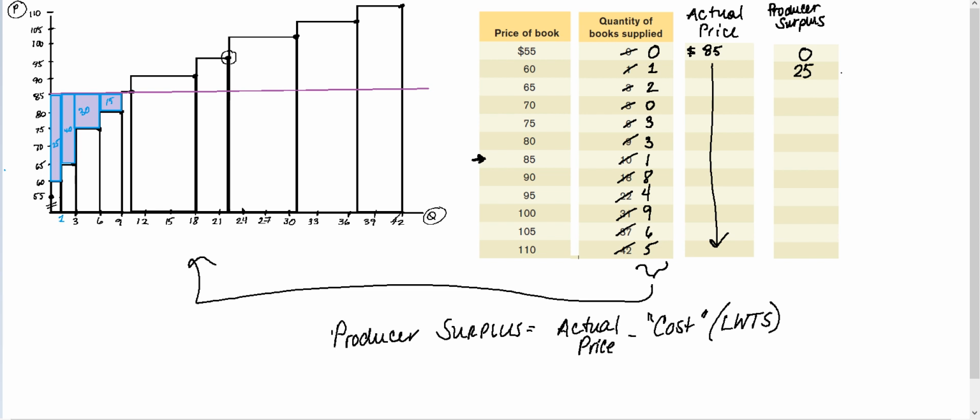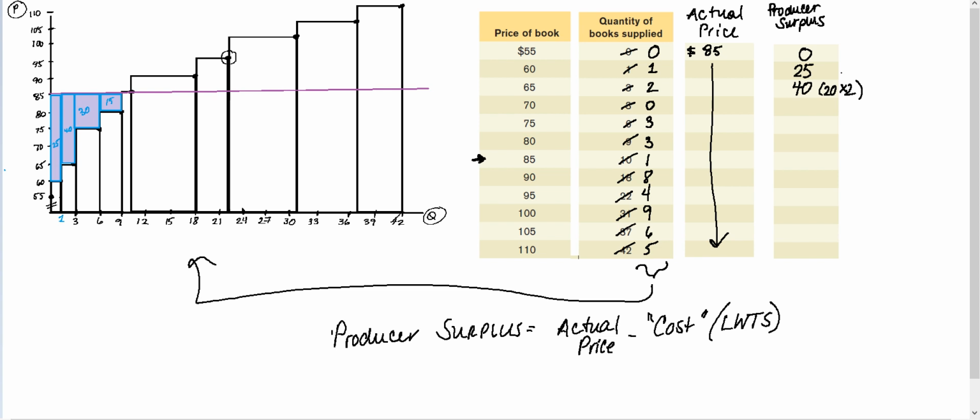And I'm just going to put in parentheses 20 times 2. And I hope you're noticing that the numbers that we're calculating for producer surplus are exactly the numbers that we got for the area of the shaded region of our graphical representation of the table.